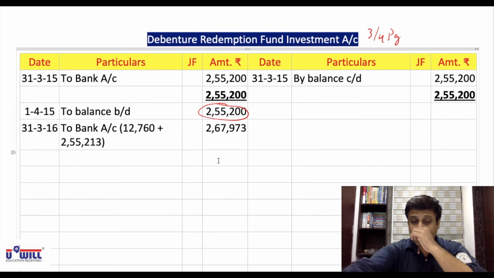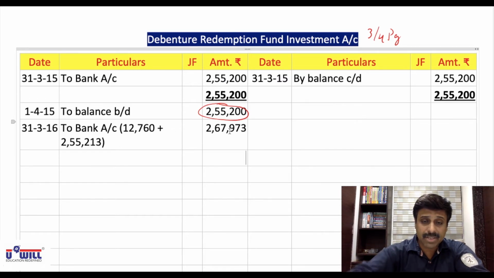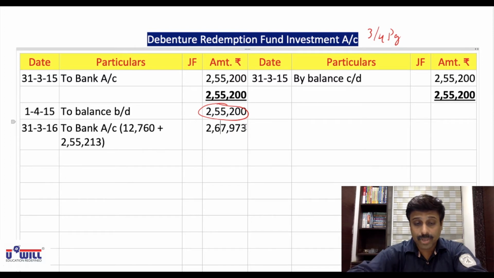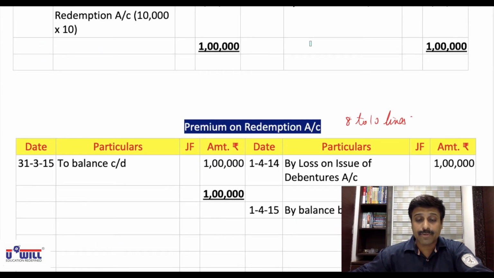255,200. Okay, one correction all of you have to do. We have to make investments in multiples of 100. So what will be the nearest multiple of 973? 1000. Means instead of 267,973 we will invest a complete 2,68,000 rupees. Okay, so make the correction here. I repeat, nearest multiples of 100, like in the first year also, instead of 255,213 we invested 255,200, the nearest multiple of 100.